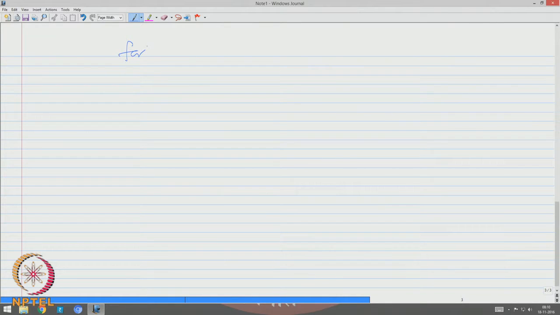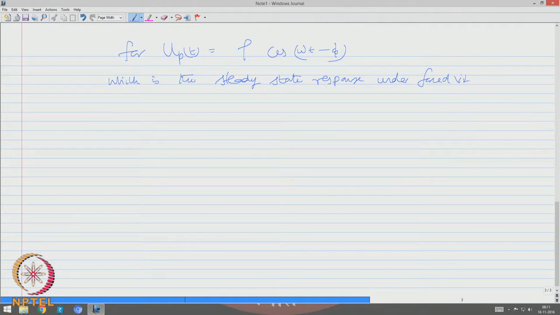Therefore, for u p of t, we know that it is going to be rho cos (omega t minus phi), which is the steady state response of the given system under forced vibration.